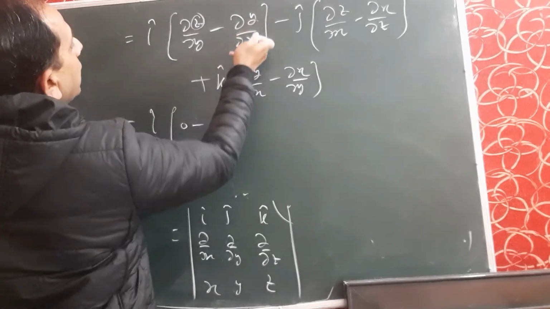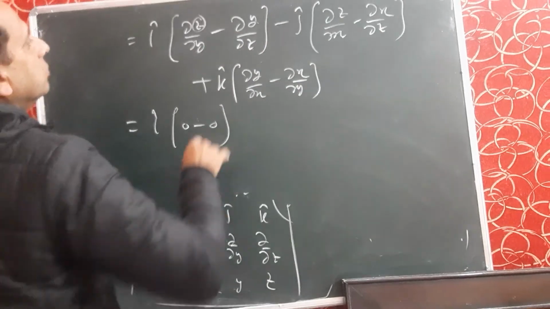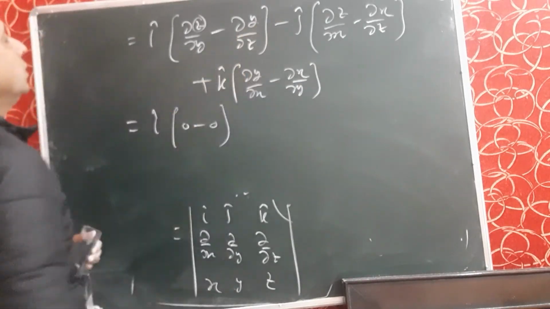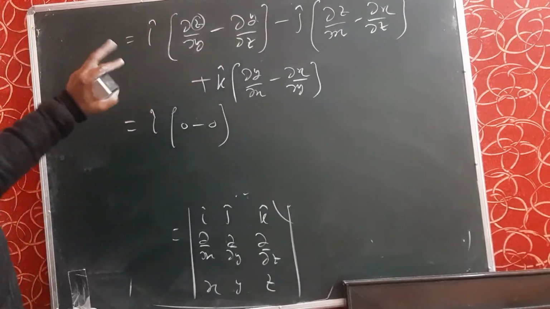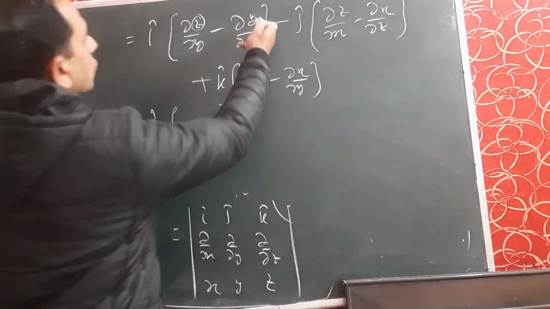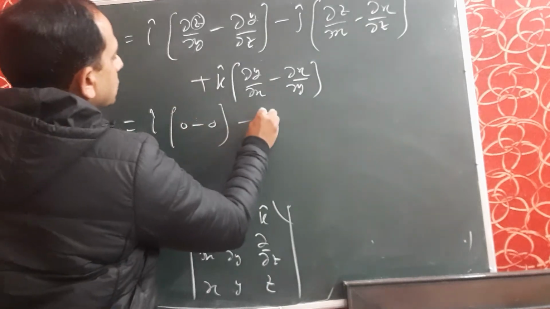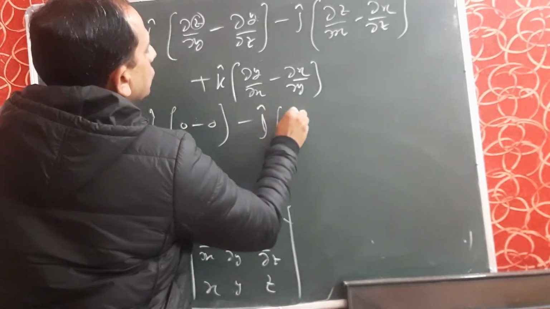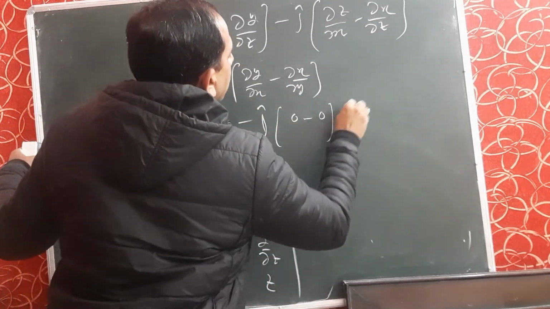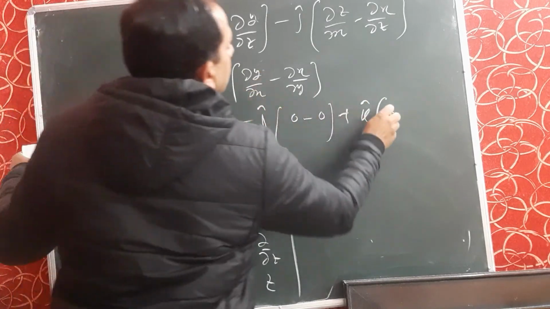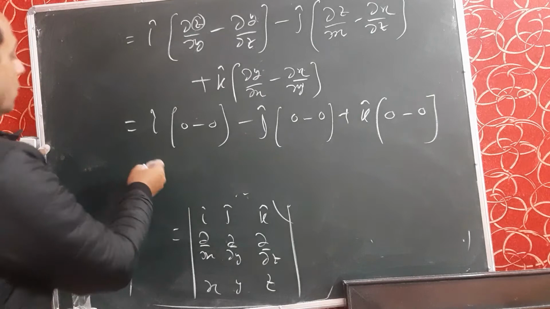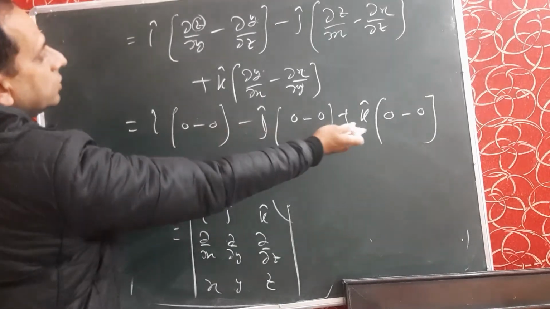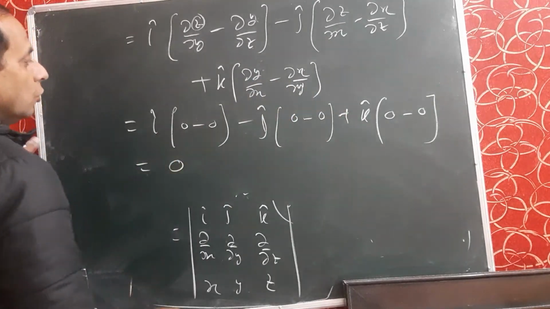Minus y and z: again 0, because we are doing the derivative with respect to z, but there is no z in this part, so y is constant with respect to z. Similarly for j, 0 minus 0, and for k, y with respect to x means 0 and x with respect to y means 0. So the answer is 0i plus 0j plus 0k, that is ultimately 0.